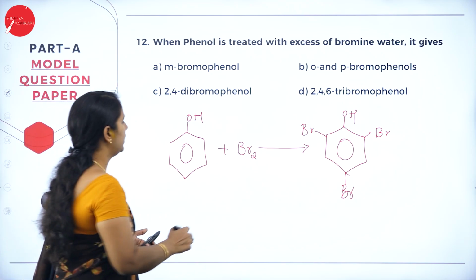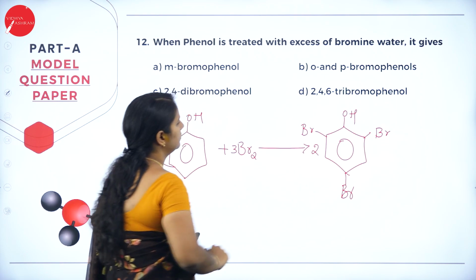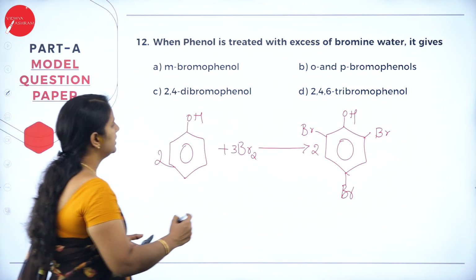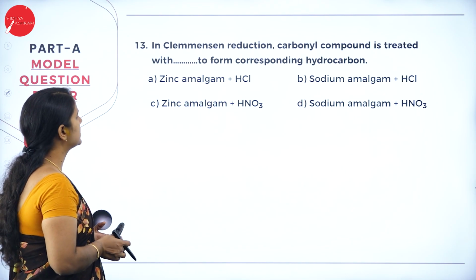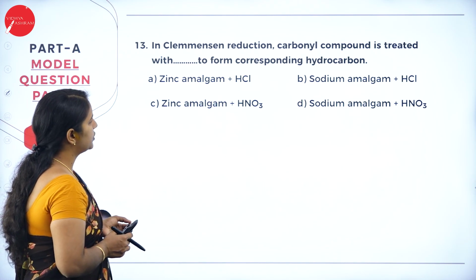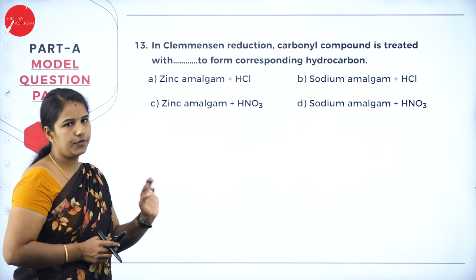Correct? So, you need to balance it. Okay? Answer is 2,4,6-tribromophenol. Next, in a Clemmensen reduction, a carbonyl compound is treated with dash to form the corresponding hydrocarbon.